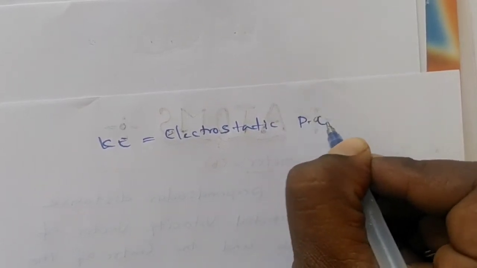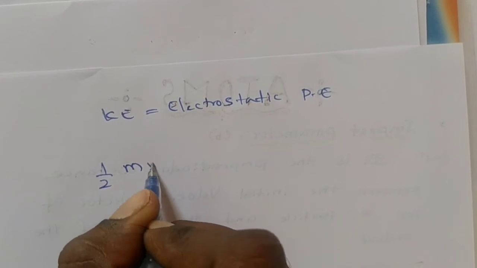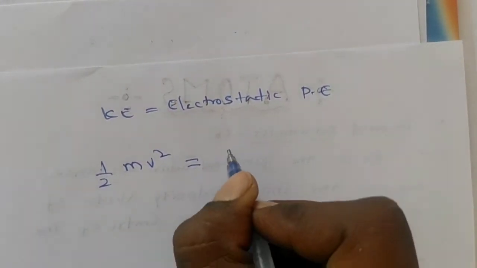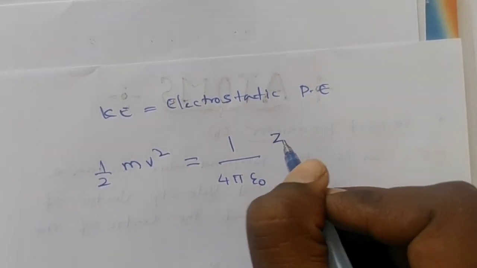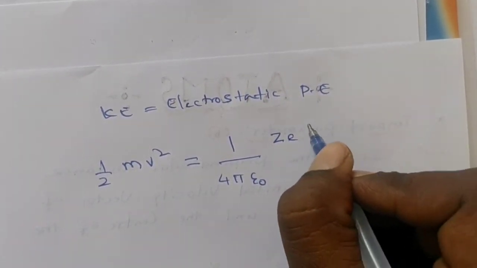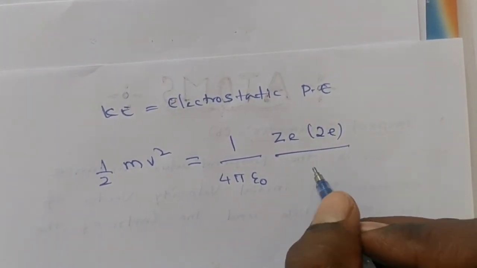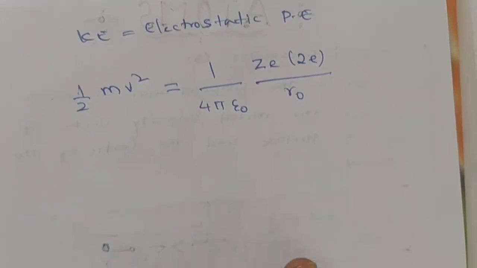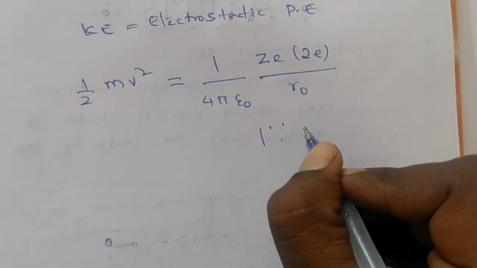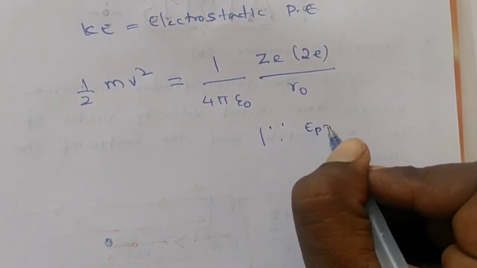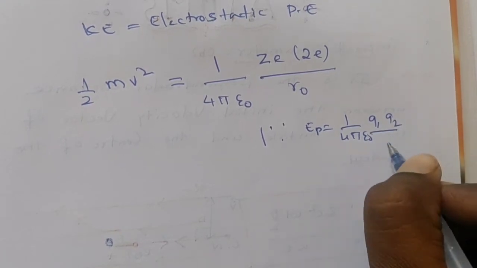What is the formula for that? Kinetic energy is half m v square. Electrostatic potential energy is 1 divided by 4 pi epsilon naught, Ze is the charge of the nucleus and 2e is the charge of the alpha particle, divided by R naught. Because here we are using the electrostatic potential energy formula, EP is equal to 1 divided by 4 pi epsilon naught Q1 Q2 divided by R.